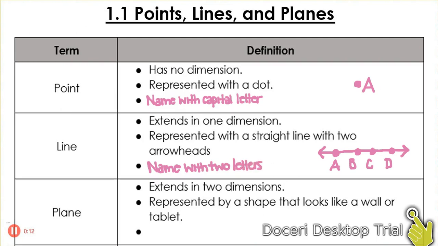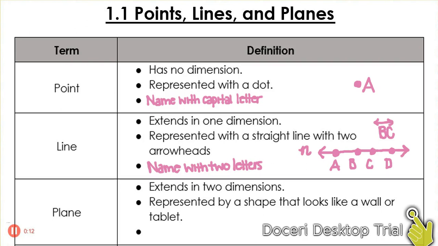So I could choose any 2 points on that line, and to name it, if I wanted to name it with B and C, I would choose capital letter B, capital letter C, and then I'm going to put the little line symbol above those 2 letters I chose. So that's line BC. Sometimes you'll also see little script letters, and you can also name lines with a little script letter as well. So that's another way to name a line.